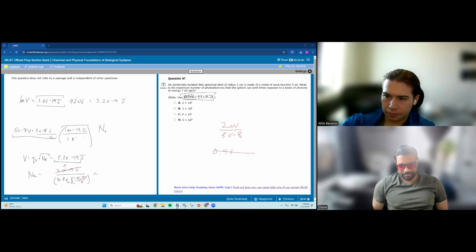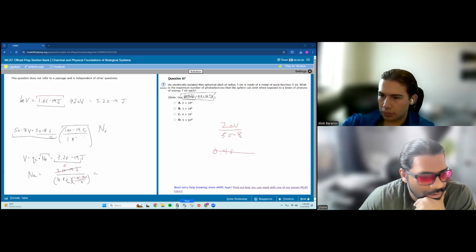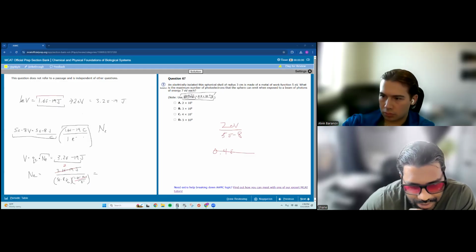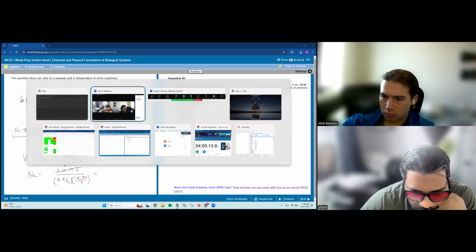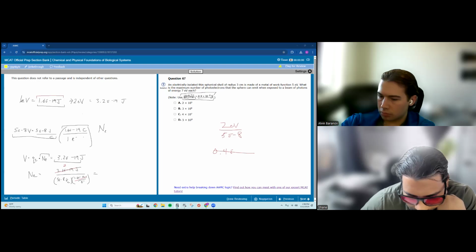So I guess this would work: voltage times charge of electron times number of electrons equals energy of electrons in joules.